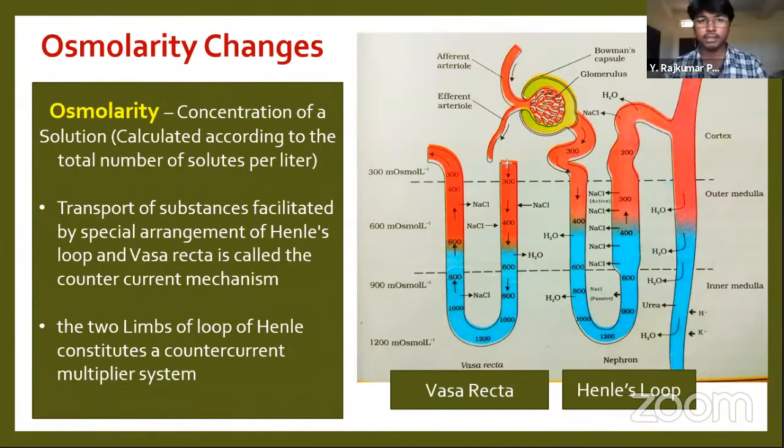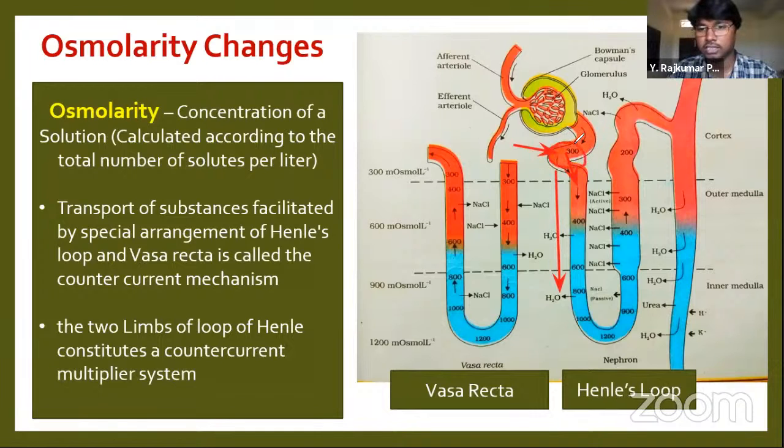Dear students, look here. Here the concentration of the filtrate is 300 osmolarity. As the fluid is moving downwards, its concentration is increasing.